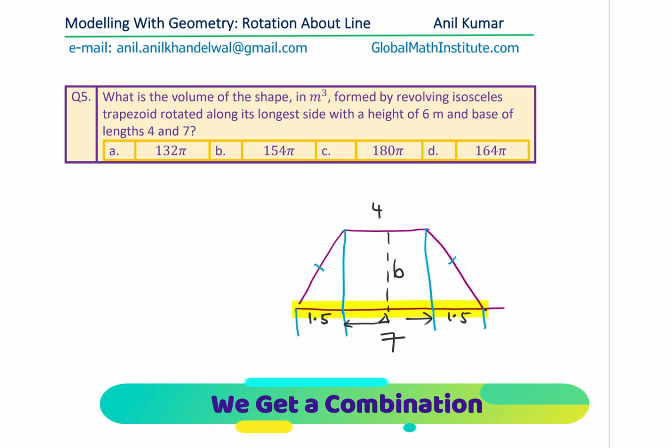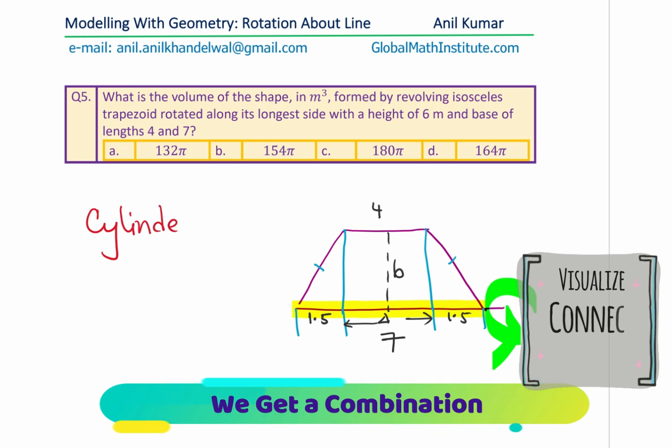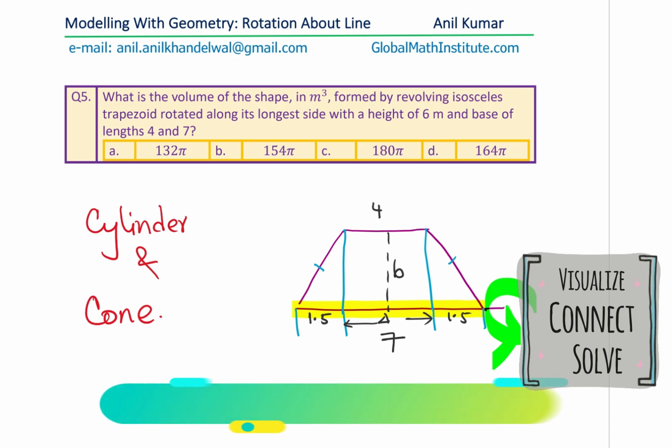So that is how you could visualize the figure. And now it is, I think, absolutely clear what happens when you revolve along this axis. It is a combination of cylinder and cone, right? So I'd like you to pause the video, answer this question, and then look into my suggestions.